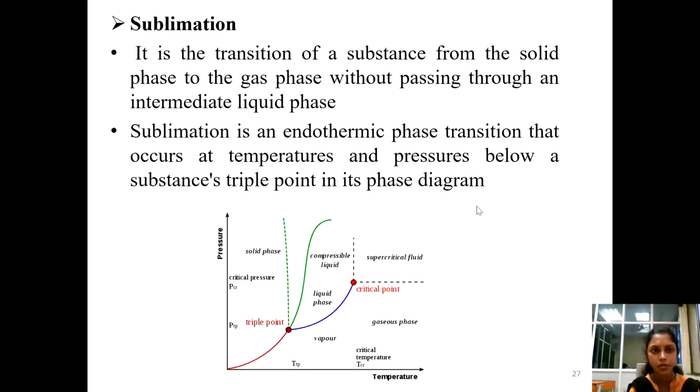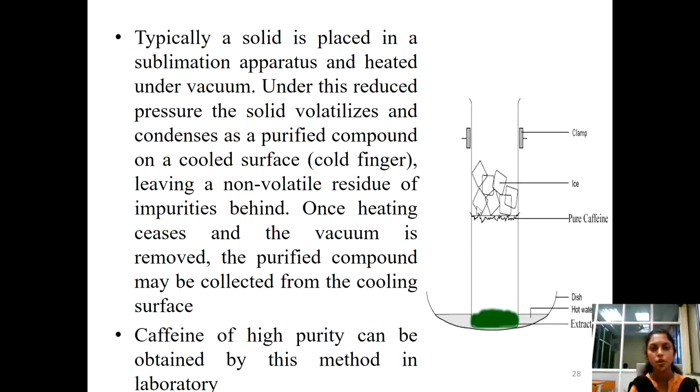Then sublimation. It is the transition of a substance from the solid phase to the gas phase without passing through an intermediate liquid phase. Sublimation is an endothermic phase transition that occurs at temperatures and pressures below a substance's triple point in its phase diagram. Typically, a solid is placed in a sublimation apparatus and heated under vacuum.